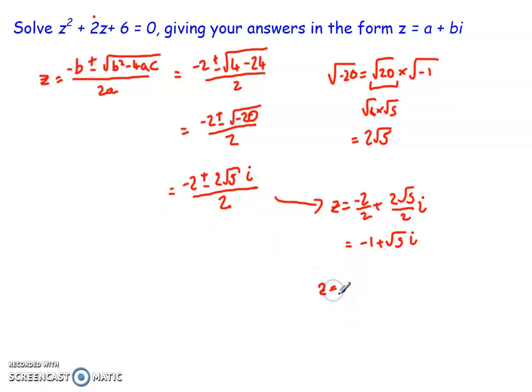So I get z equals negative 2 over 2, take away 2 root 5 over 2 times i. That still gives me negative 1, but this time take away root 5 i. So there you go, I've got two solutions for the quadratic using the quadratic formula in the format of two complex numbers. So we have to bear that in mind.